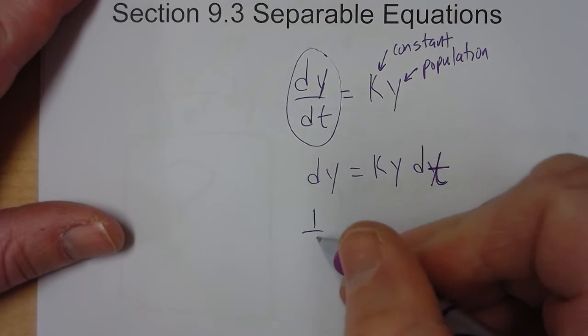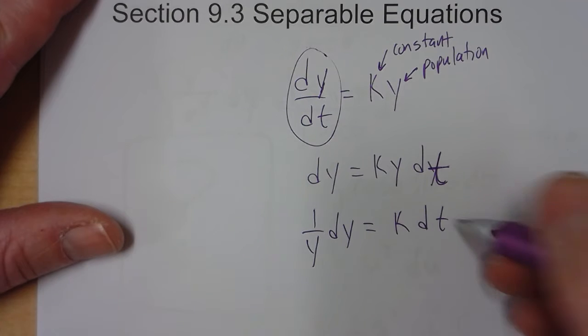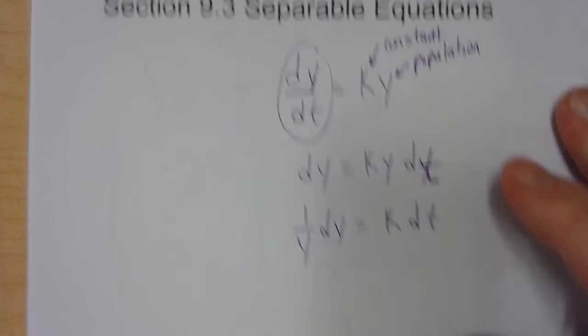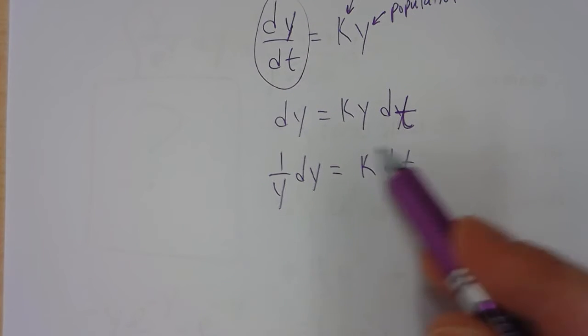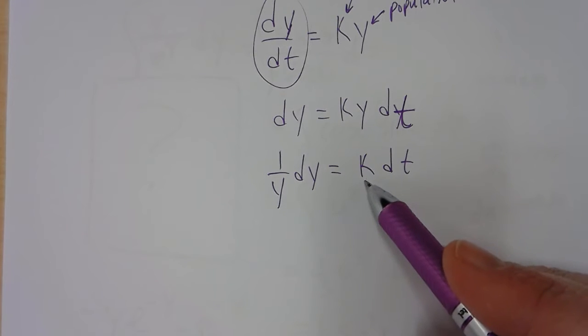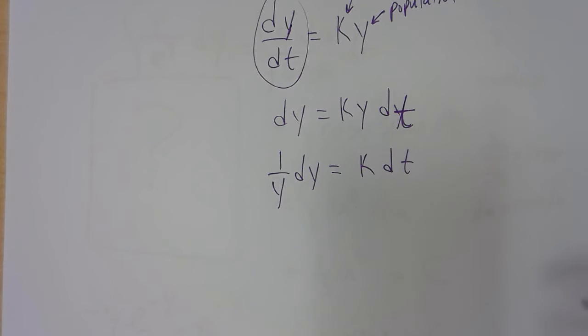So 1 over y dy is equal to k dt. So we've separated the variables, and that's what the separable part means. We got the y's on one side of the equation, and the t's on the other side, or the x's. k, of course, is a number, and there's not a t there, but there could be a t.